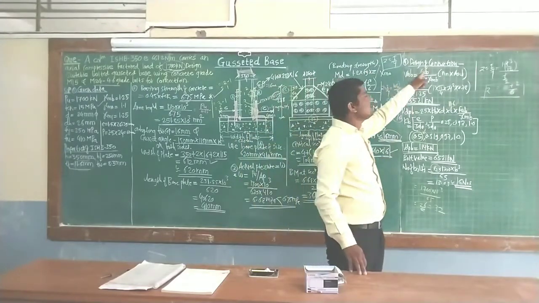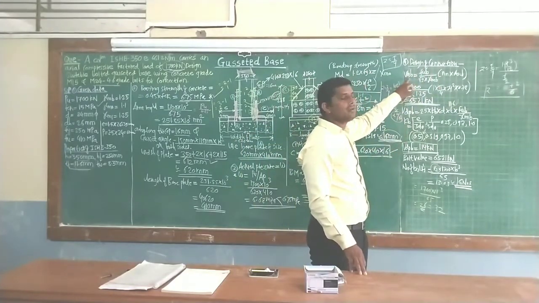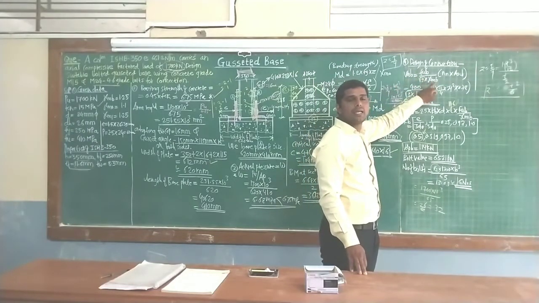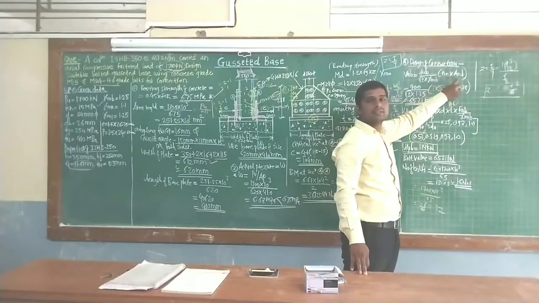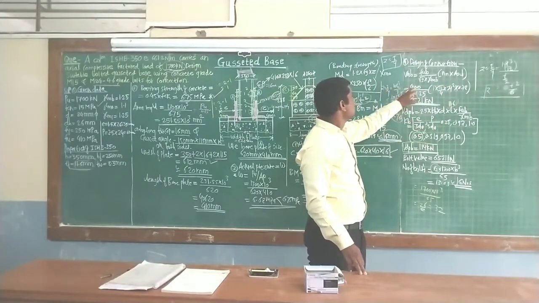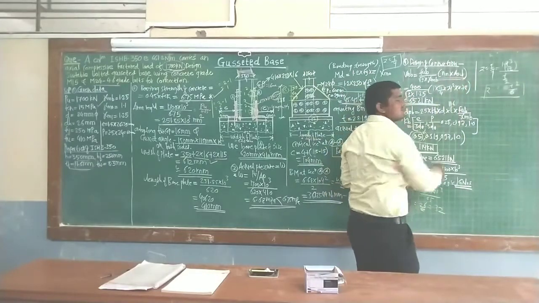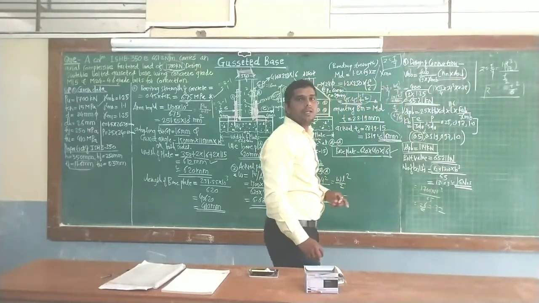Then design connections. So first of all, find out the VDSP, that is Fu divided by √3 into gamma mb into Nn plus N. So we know all values, just we are going to focus on the Nn into ASP.